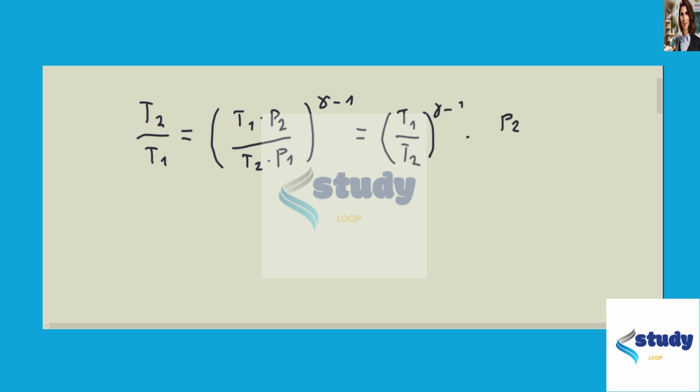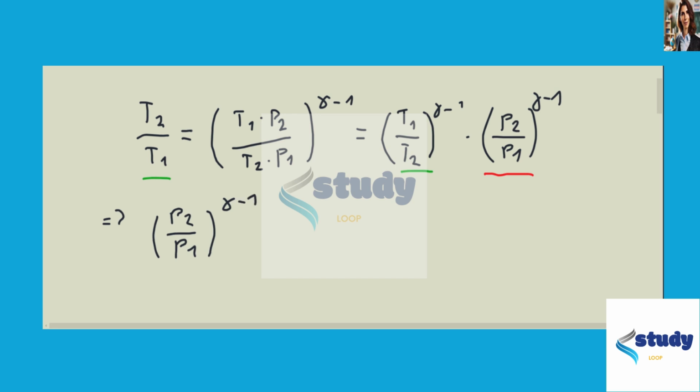Of course, we can expand this and say that it is T1 over T2 to the power gamma minus 1 times P2 over P1 to the power gamma minus 1. And this allows us to relate the pressure ratio and the temperature ratio in a very neat manner. So from here, P2 over P1 to the power gamma minus 1, and then we put this part on this side.